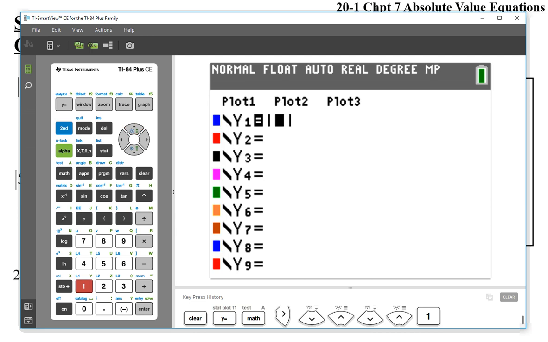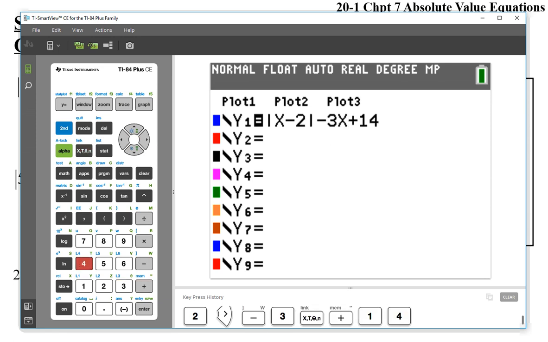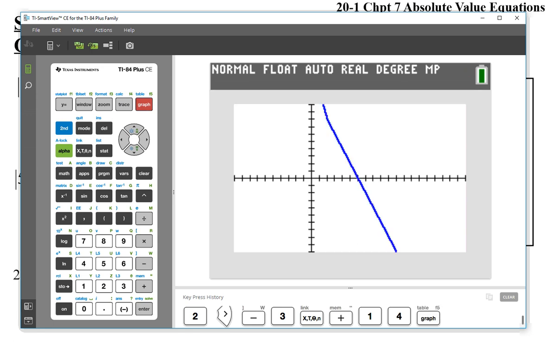Now we see we have absolute brackets, and we want x minus 2 in there. Make sure you scroll outside now, because that's all that's inside the brackets. And our new equation was subtract 3x plus 14. There's our equation. Now we graph it.